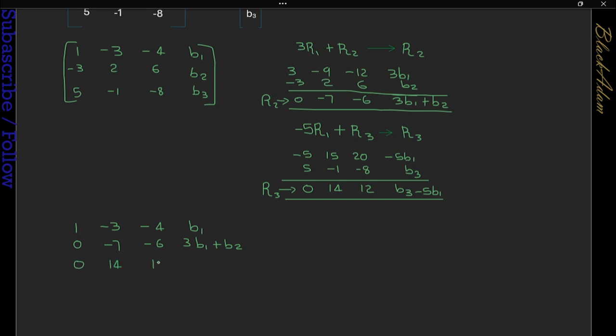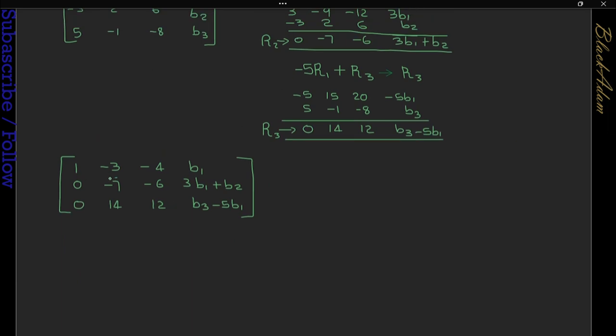The third row is 0, 14, 12, that's b3 minus 5b1, and that gives us a new matrix. We can see that we have -7 in there, and then we have +14, so we can multiply row 2 by 2.